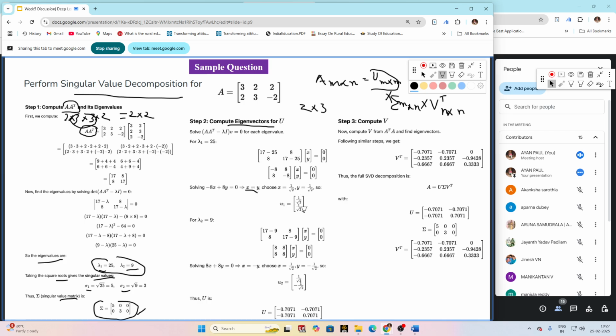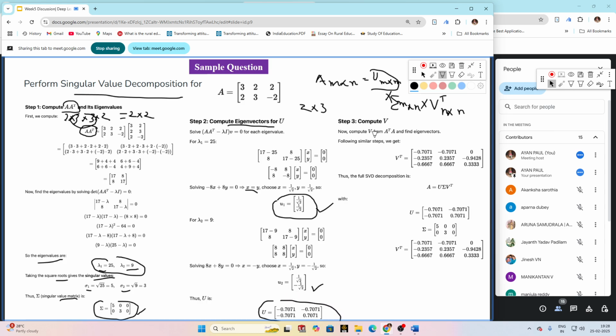So we can take 1, but it is important to know that we always calculate the unit eigenvector. That is why we have put the square root of 2. So this is the eigenvector u1, and again we can calculate the eigenvector u2 also. By that we get the U matrix.